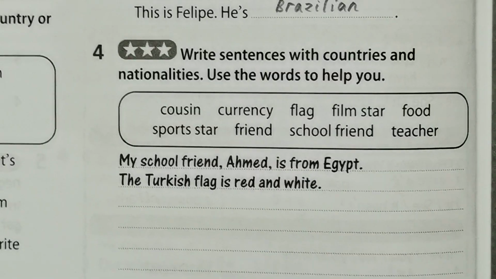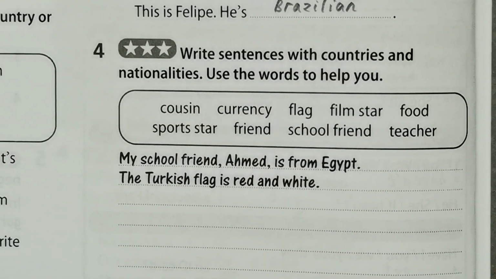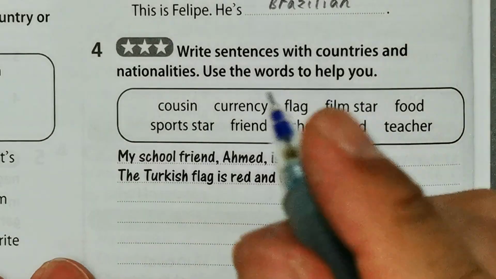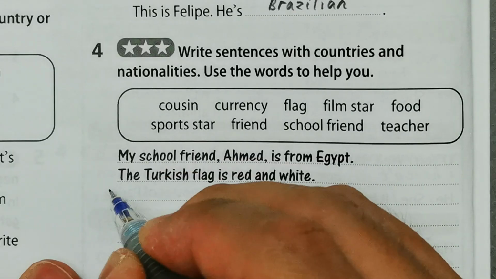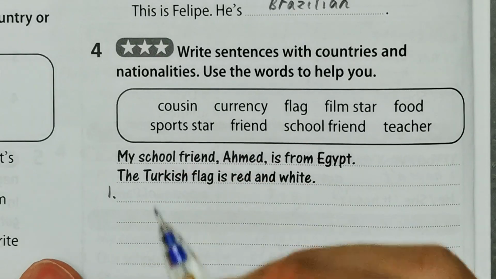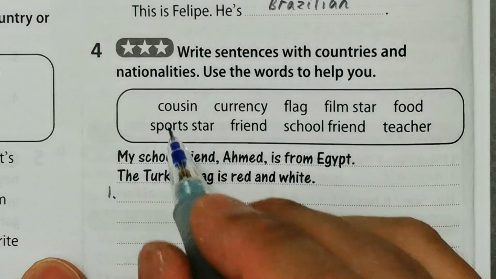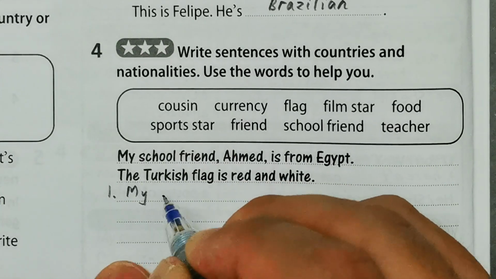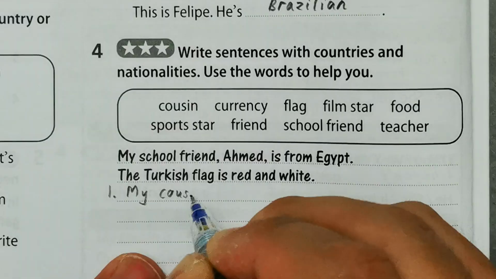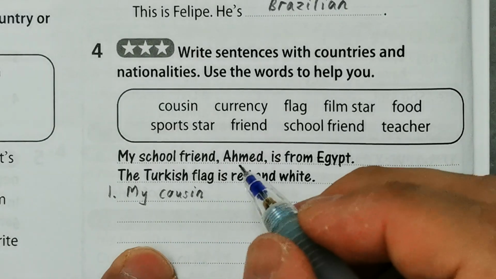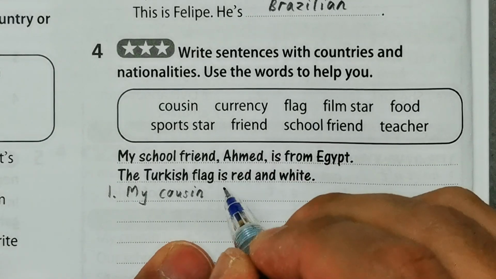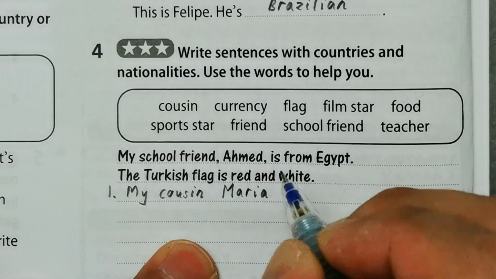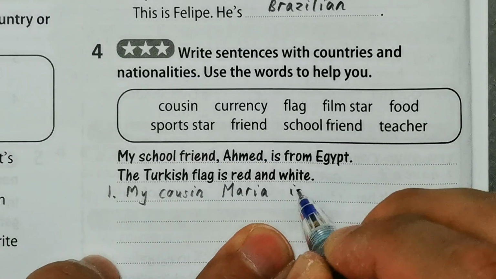And then maybe I write another extra 8 sentences here. So I will write as number 1 here. So just simple English. So maybe you can use number 1, my cousin Maria is from Spain.